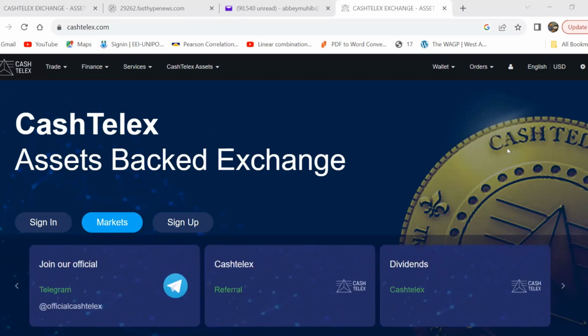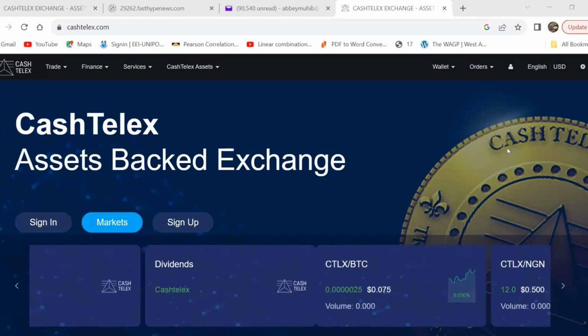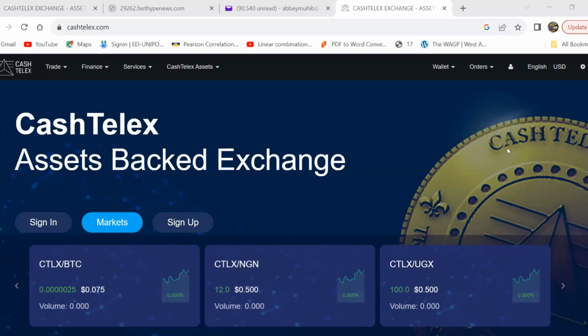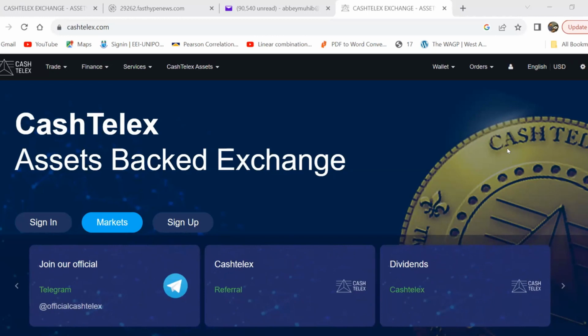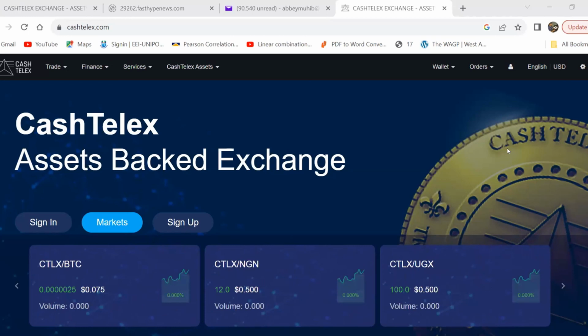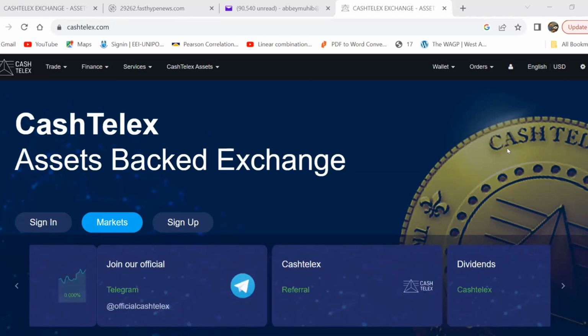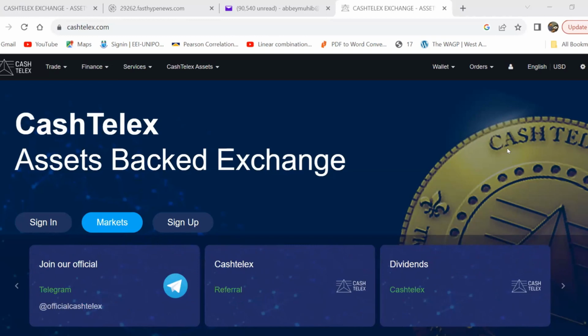We're going to be showing our co-investors how to do that, and how you can transfer some of your funds, either you want to deposit or withdraw your CTLX or your Bitcoin. If time permits, I will train us on that too.